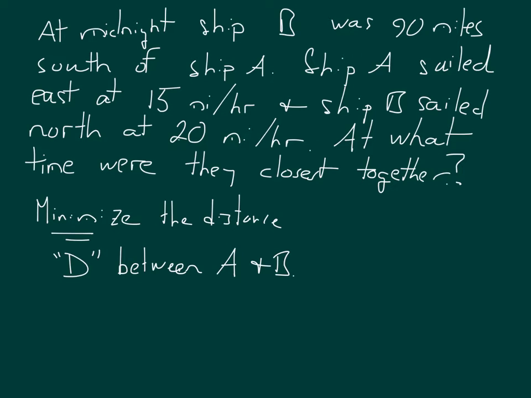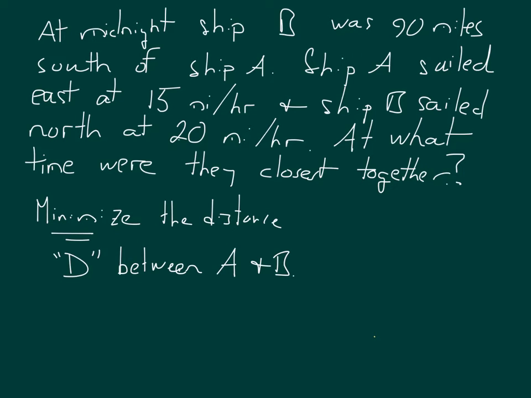All right, so to do that, what should we do? Well, I guess we should take a look at this question again and read it and probably try to draw a diagram. So let's see. It says that at midnight, ship B was 90 miles south of ship A. Okay, so let's draw that. So here's what's happening at midnight.